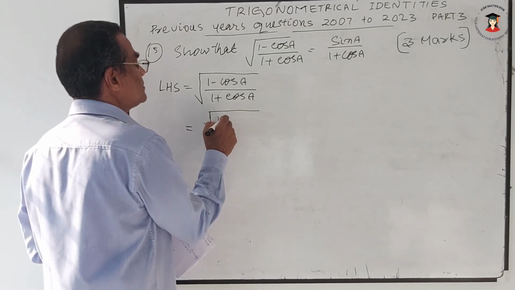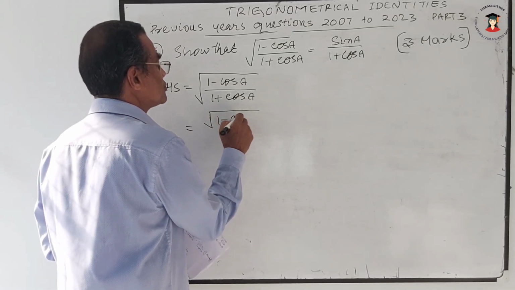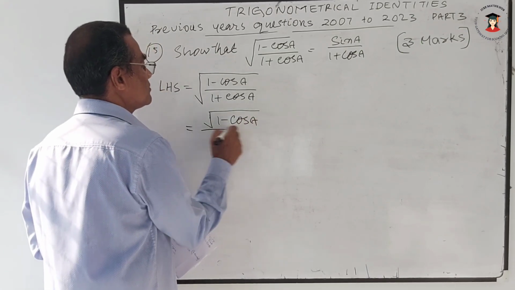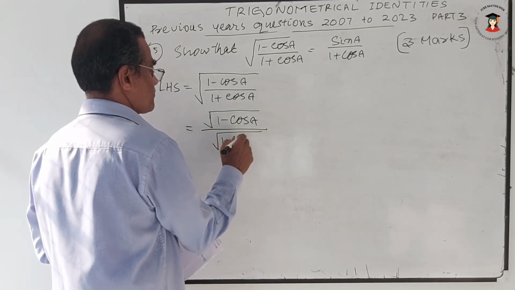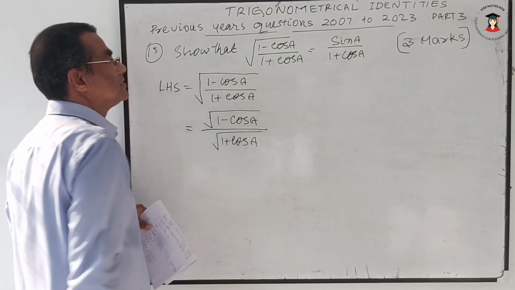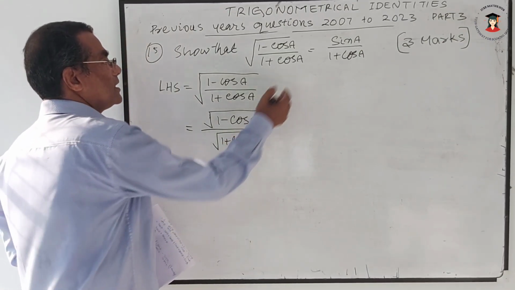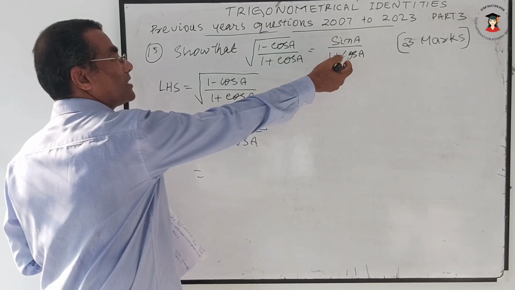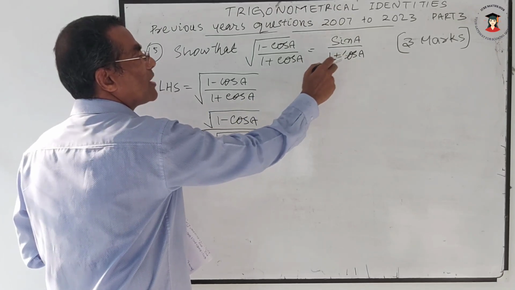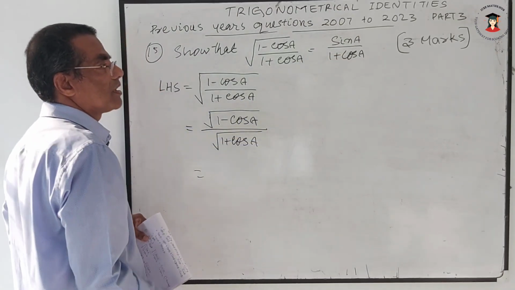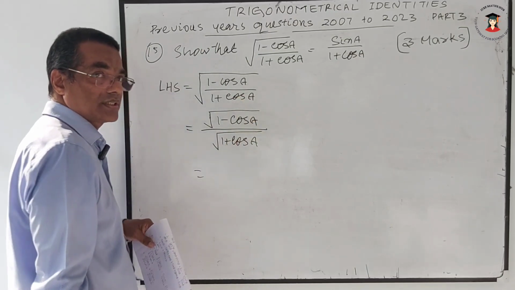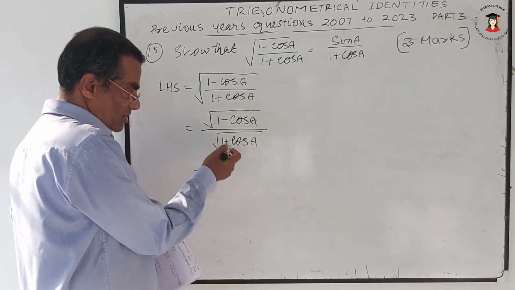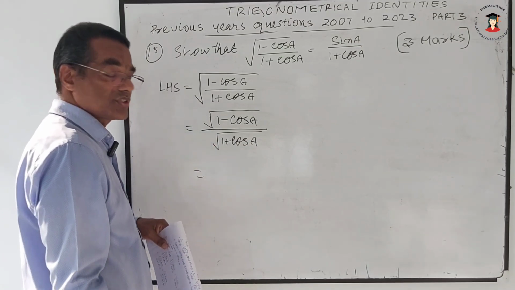Root of numerator is 1 minus cos A and root of denominator is 1 plus cos A. See, in the right hand side, we have 1 plus cos A. How can we get 1 plus cos A out of root of 1 plus cos A? Multiply with the root of 1 plus cos A.